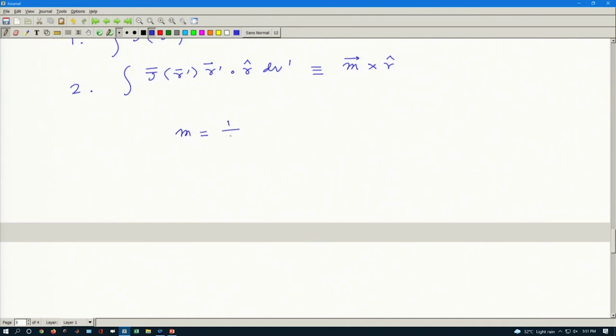This is now half the integral of r' cross J(r') dv'.